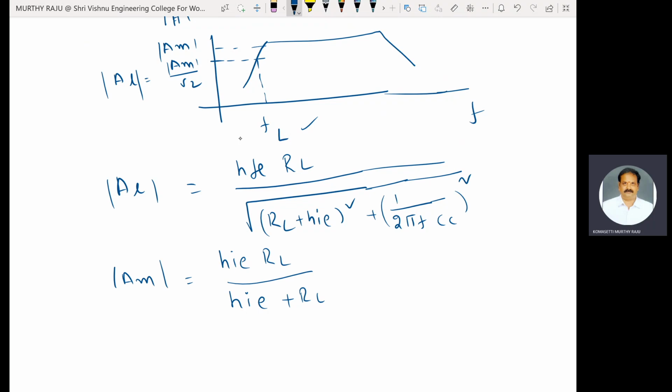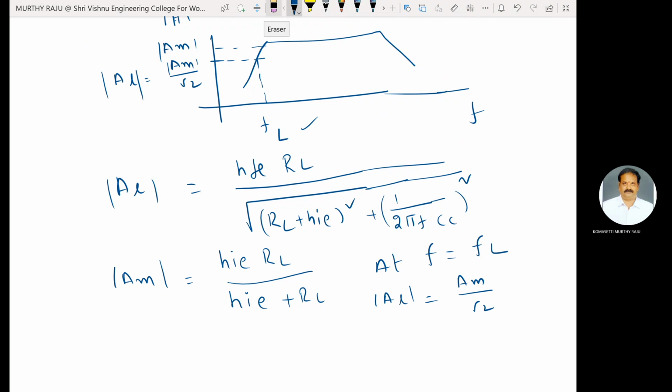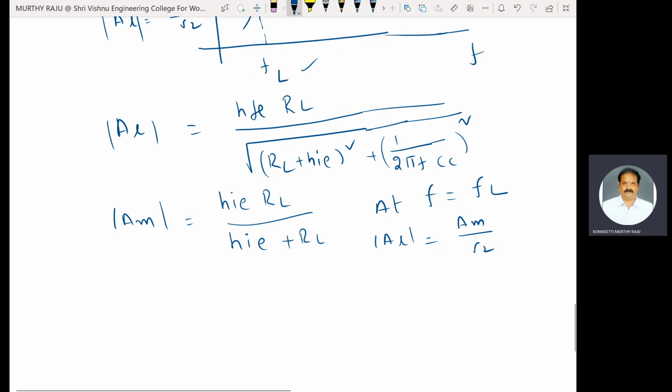We have already derived that expression. At F equal to FL, mod AL is equal to mod AM by root 2.